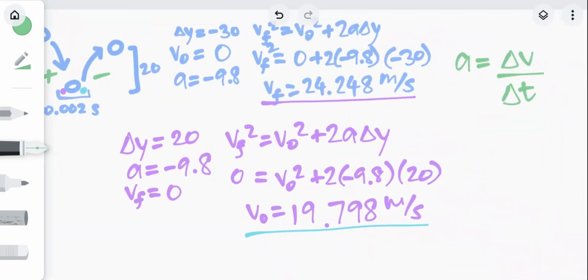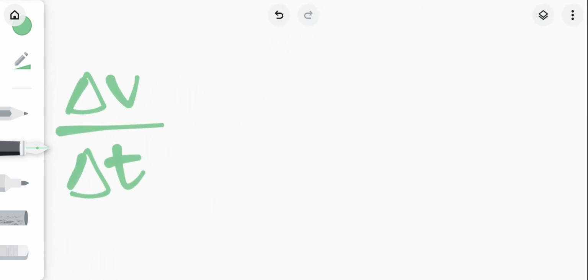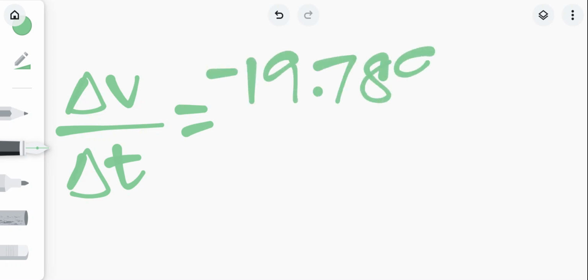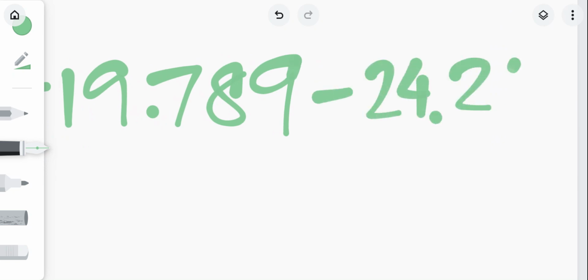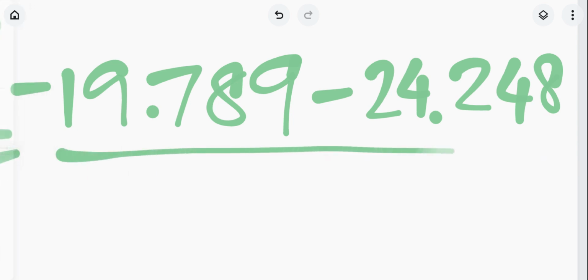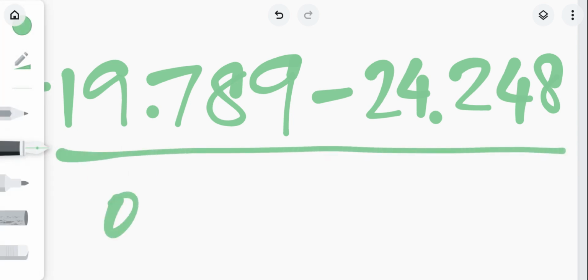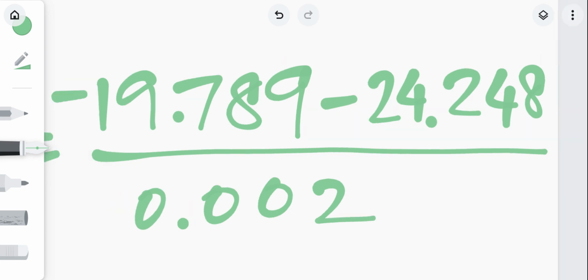Therefore, the velocity on the left is going to be positive 24.248. The velocity on the right is going to be negative 19.798. Now, change in velocity equals final minus initial, so negative 19.798 minus initial velocity, which is 24.248, divided by our time in seconds, 0.002.